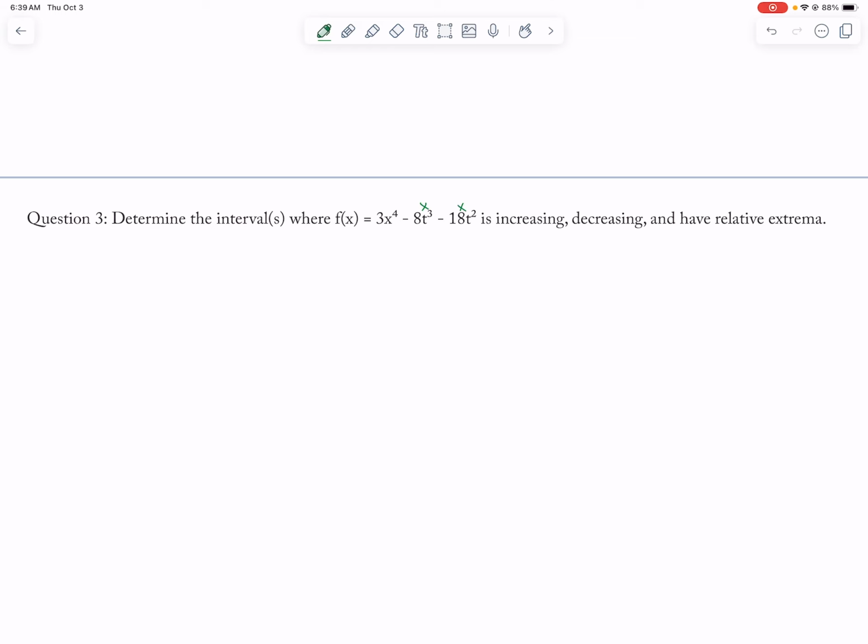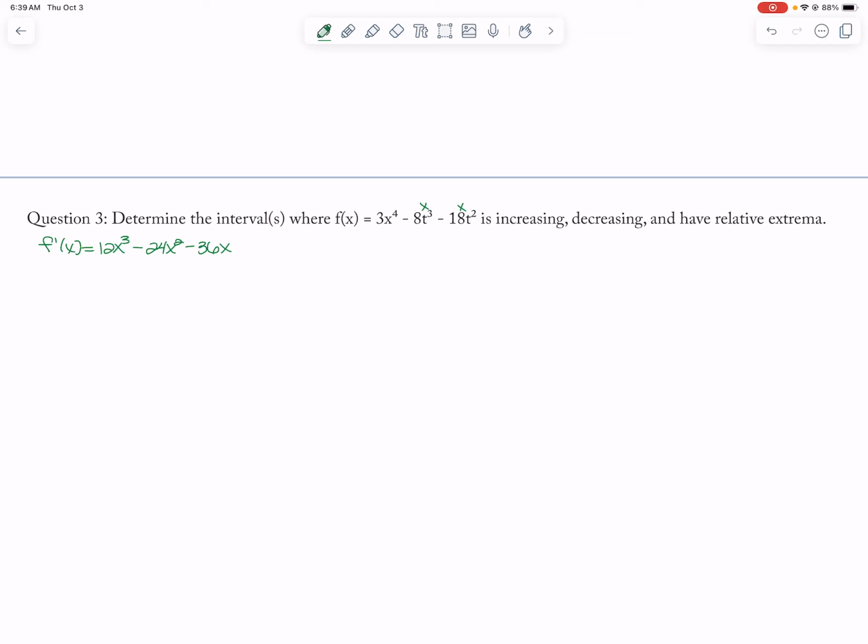Okay, so I want to figure out whether the function is increasing or decreasing. So I want to first find the derivative. So 12x cubed minus 8, nope, not 8, just kidding. 24x squared minus 36x.